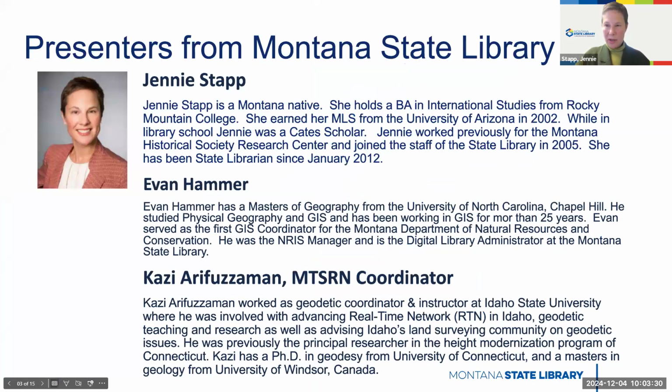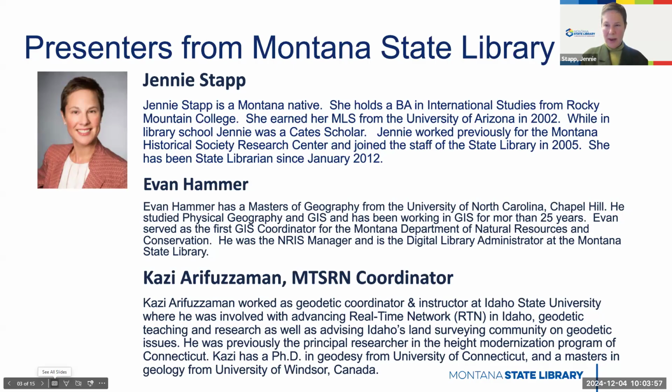I'm going to start with introductions. My name is Jennie Stapp, and I'm the Montana State Librarian. I'm a Montana native, and I've worked here at the Montana State Library since 2005, and in my role as State Librarian since 2012. One of the roles that I play as State Librarian is serving as chair of the Montana Geospatial Information Advisory Council, and so I'm very involved in that work.